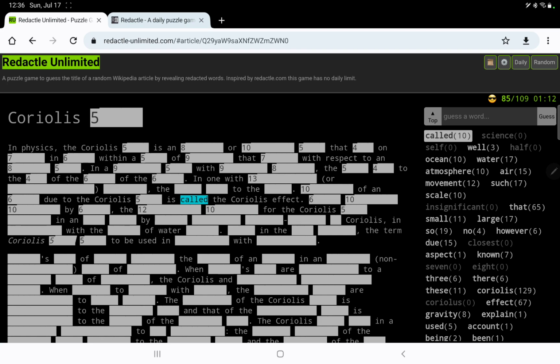The something for the Coriolis. What is that 2-letter word there? And 7-7. Of water 6.